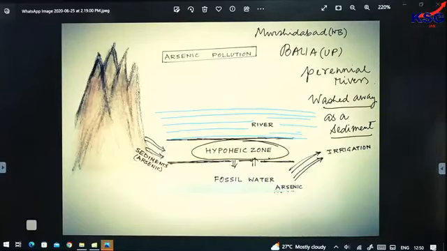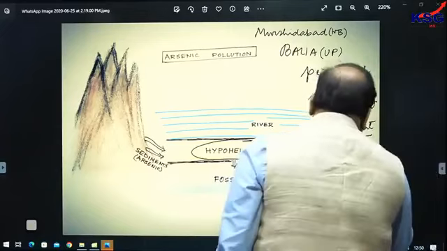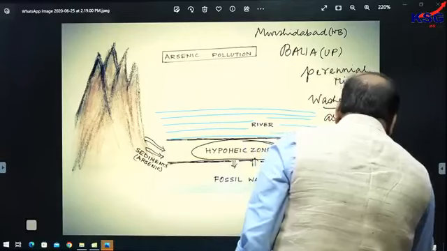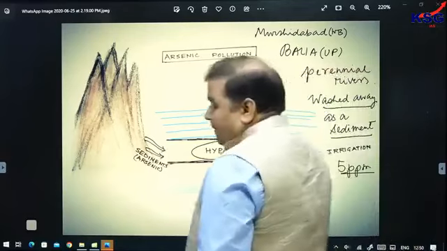The permissible limit of arsenic in underground water according to WHO is 5 ppm, that is parts per million.